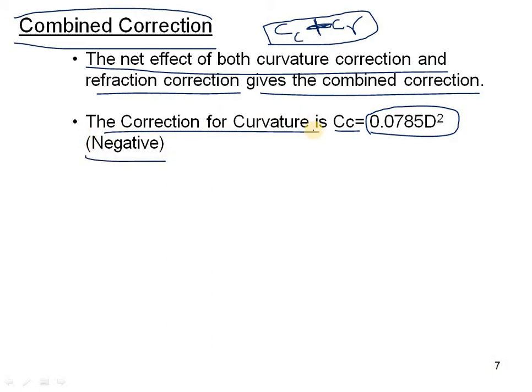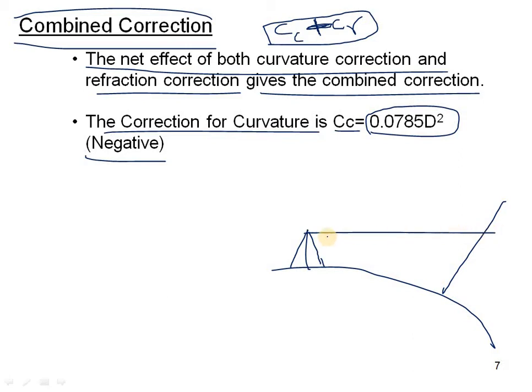Why this negative occurs, we can see clearly in the diagram. On the earth surface, when the instrument is here and the staff is placed on it, the straight line is the line of sight, and the reflected line falls here. This is LOC, the line of collimation, and this is our level line, LL.